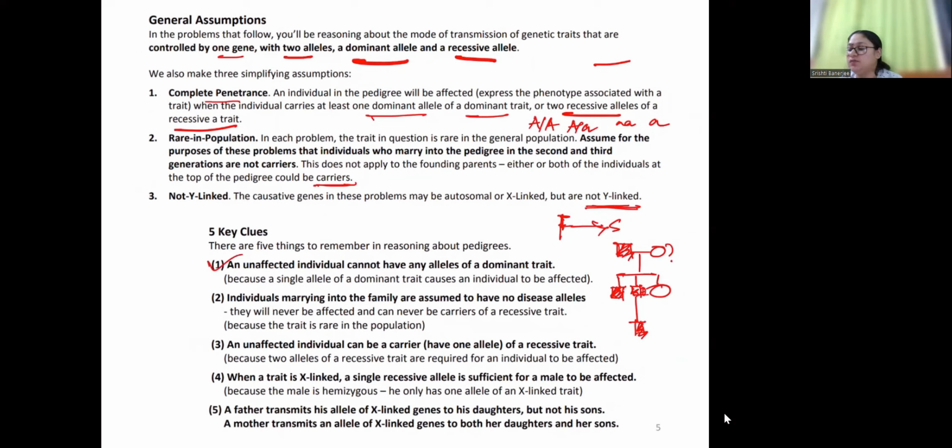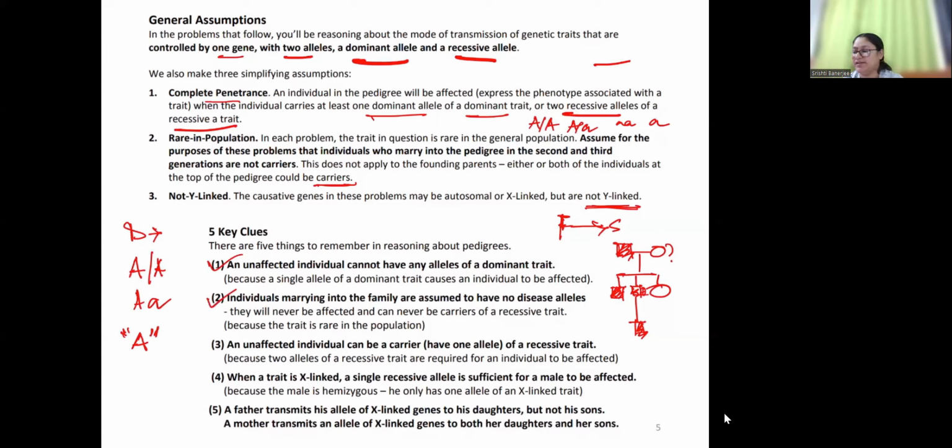In order to have a dominant trait, the individual has to have A or AA. So if somebody is unaffected, he or she cannot have this capital A in it, because one A is equally capable of creating the disease.